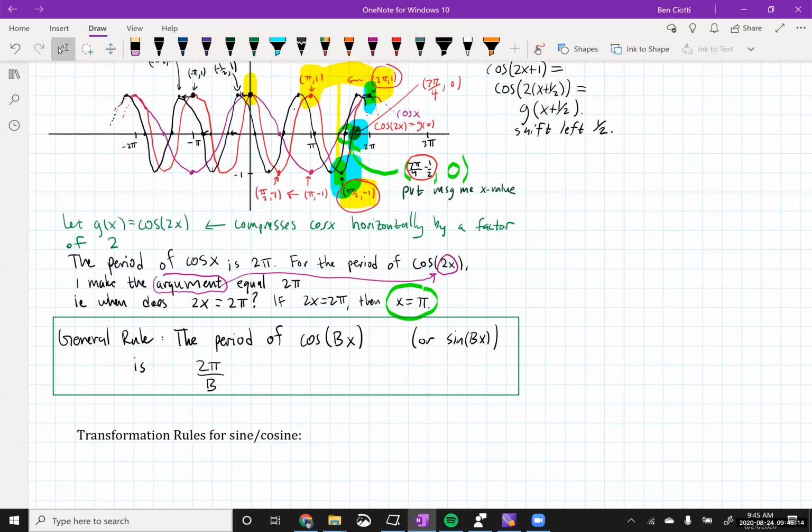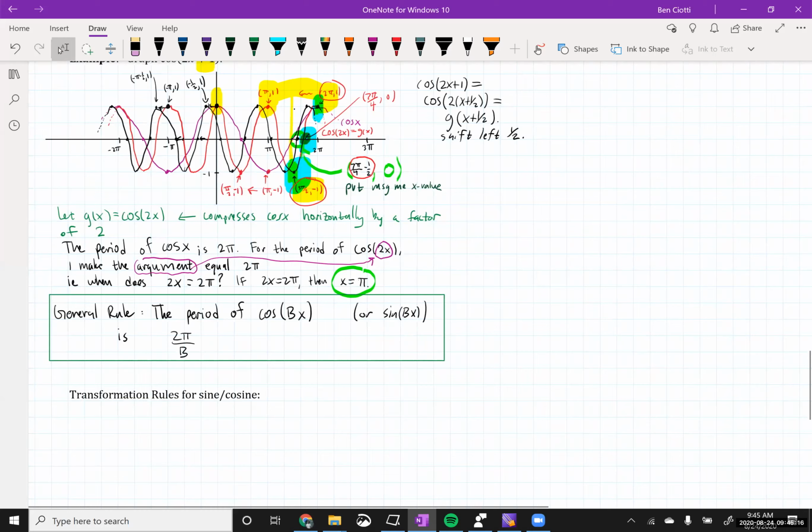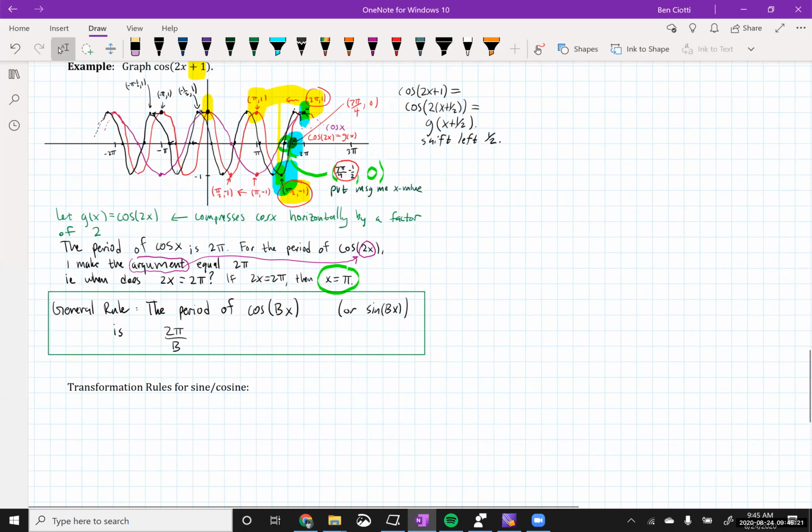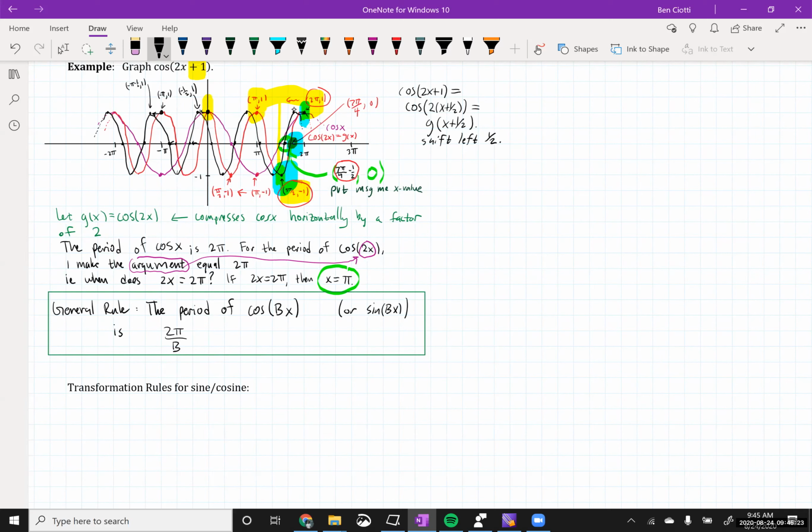And we're out of time, so let me just quickly write down the transformation rules for sine and cosine. If you're looking at the graph of A times sine of (bx minus h) plus k, same with cosine, it's the same rules.